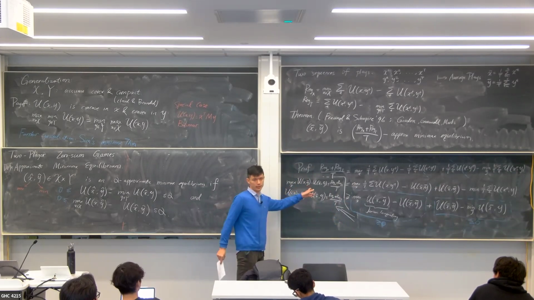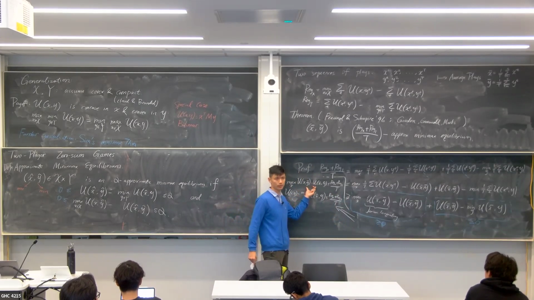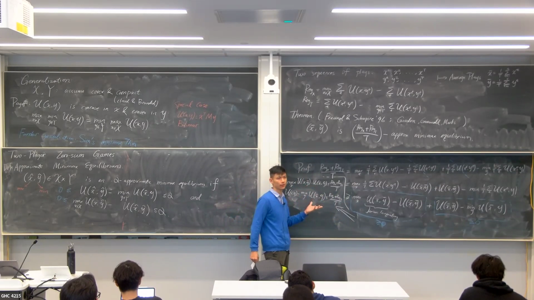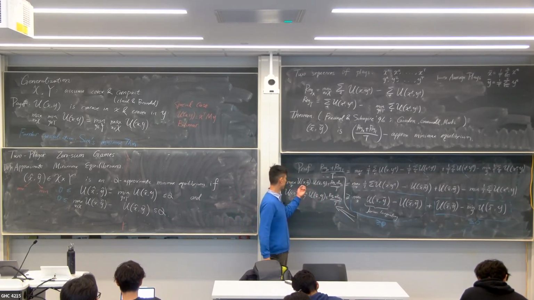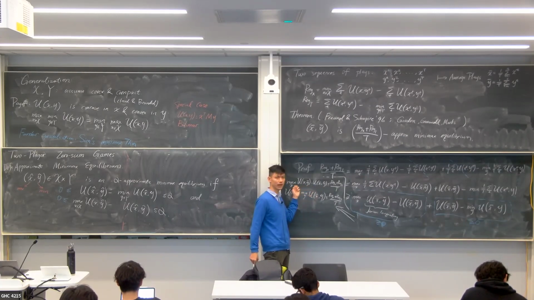So this is exactly the equilibrium condition because these quantities are essentially the gain you could have for any single player to deviate from x bar, y bar. Like, if I'm the x player and I look at my strategy against y bar, can I do any better by switching to a different strategy, in particular switching to the max over x?